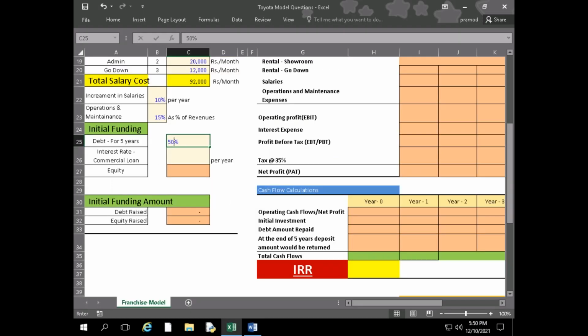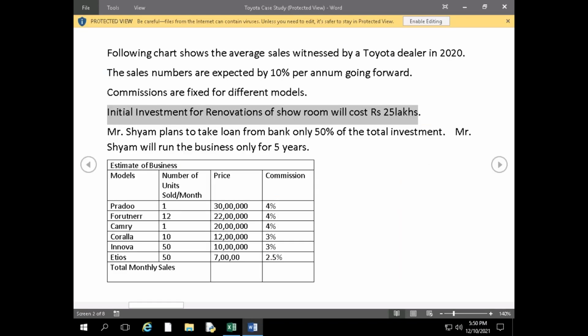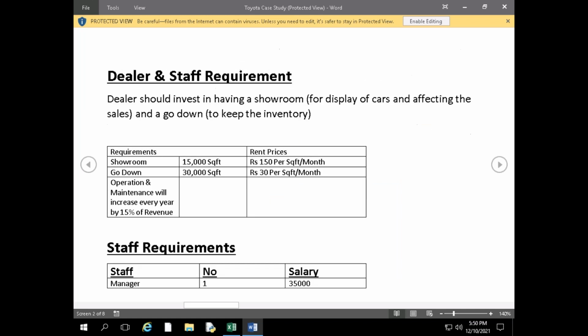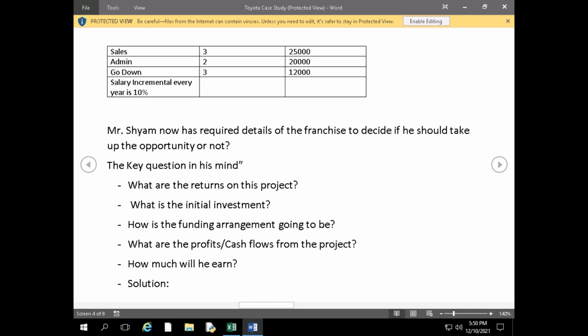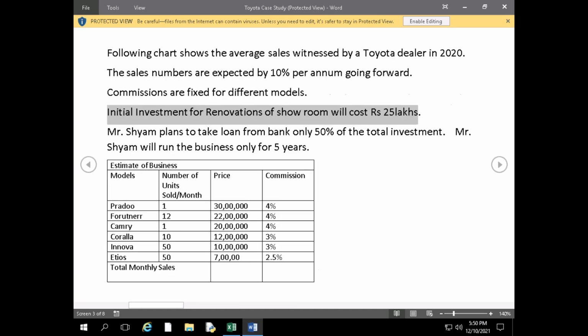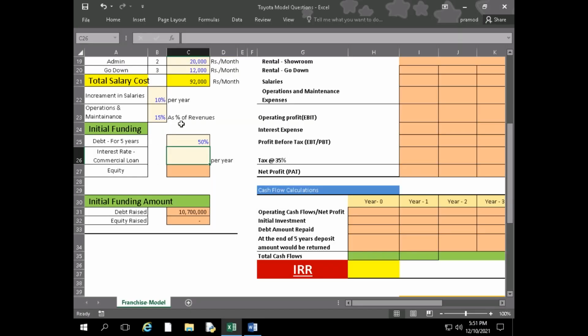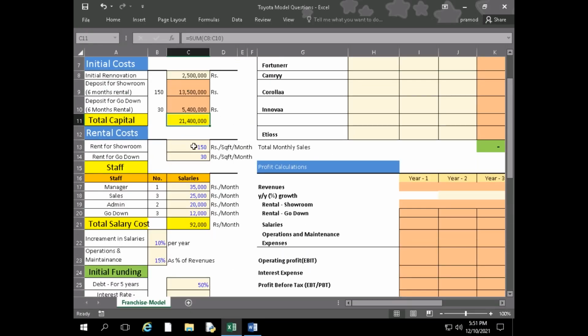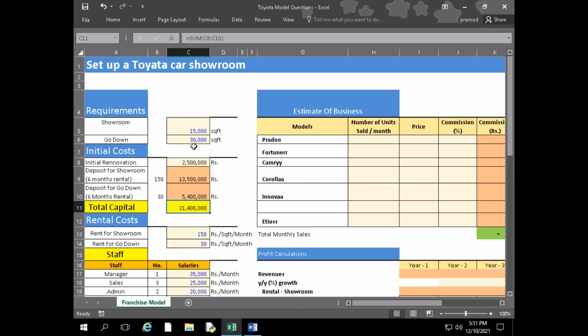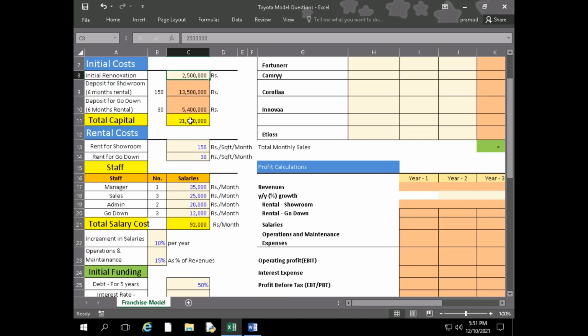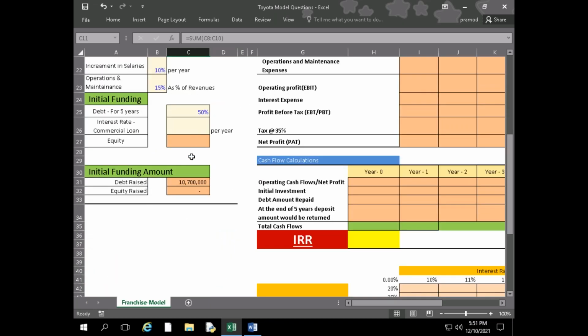So it is 50%. Interest rate for the commercial loan. Total investment is 25 lakhs, sir? Total investment has been given here, total capital. Initial renovation is this, but total capital this much I need to invest.